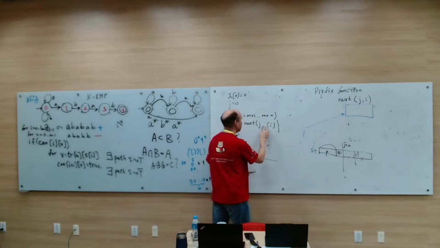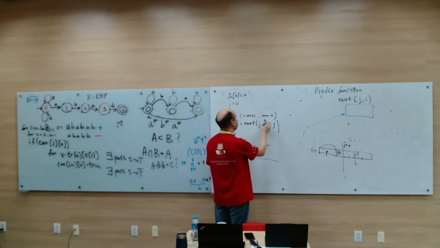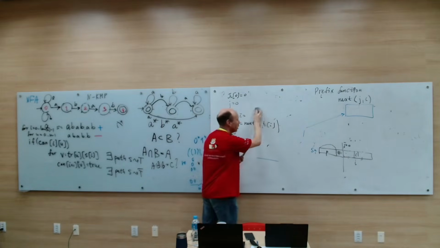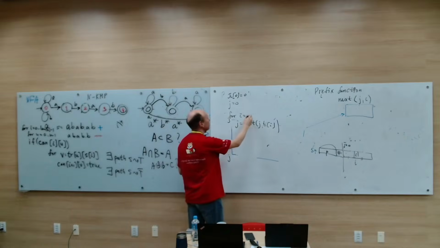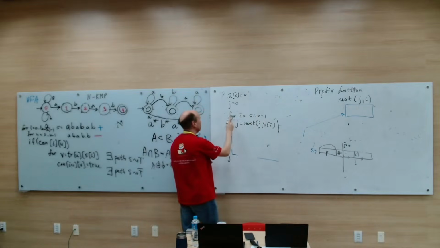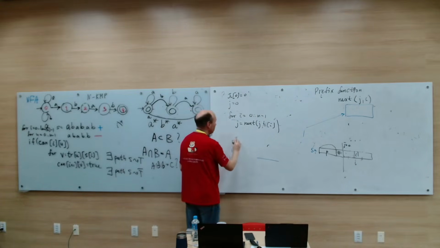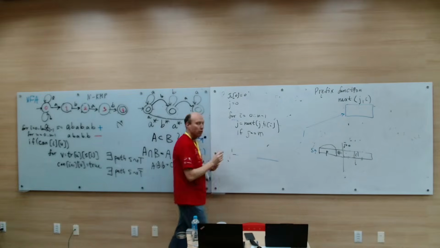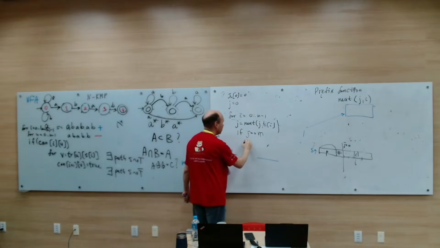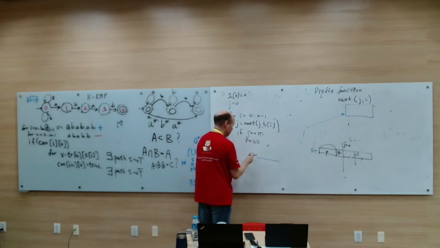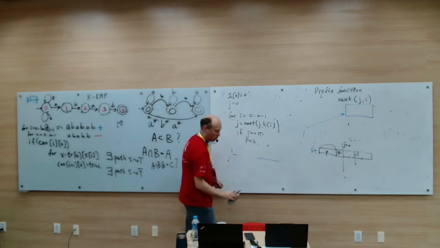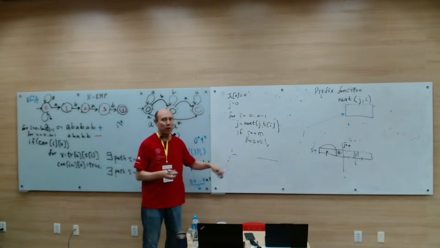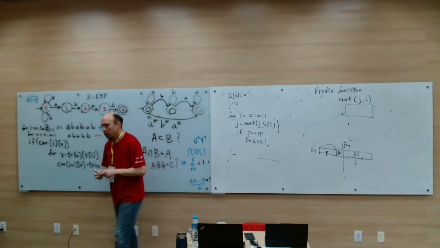We can replace it with text, but then we must shift our indices a little, just from 0 to n minus 1. Okay, and if j is equal to m, the length of the pattern, then we do whatever we need to do when we find something.